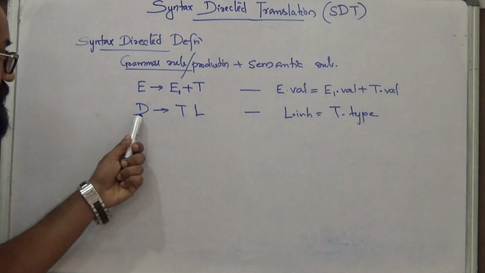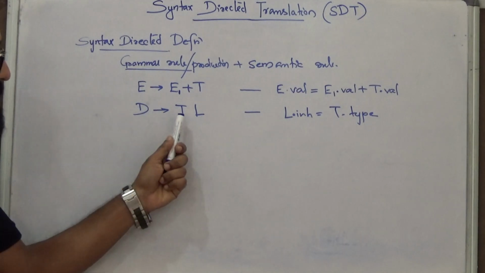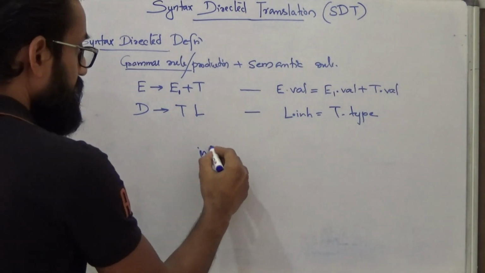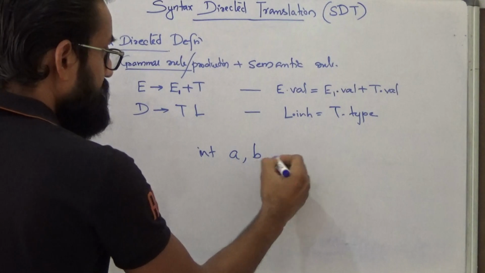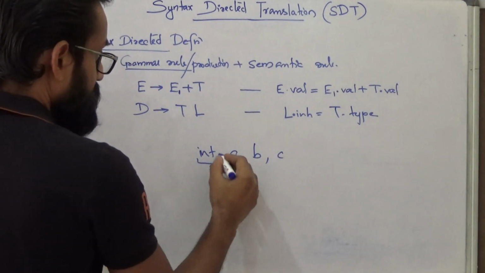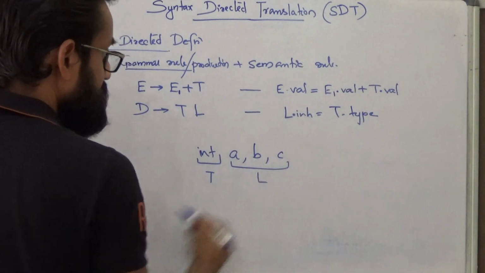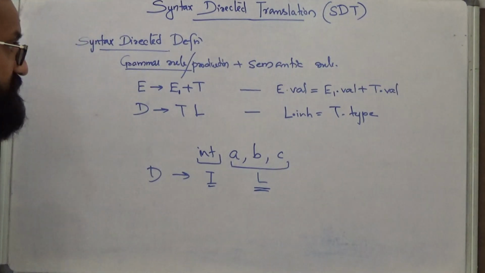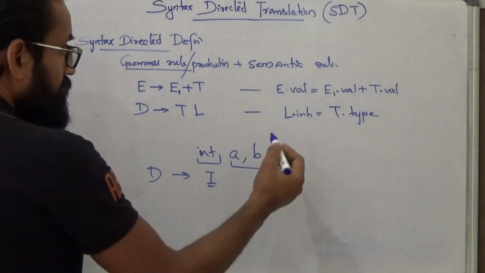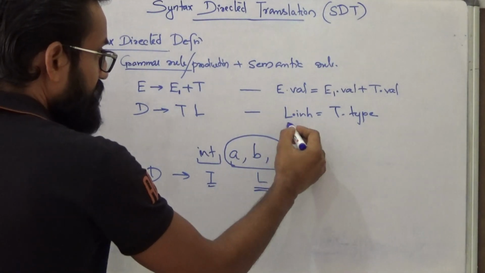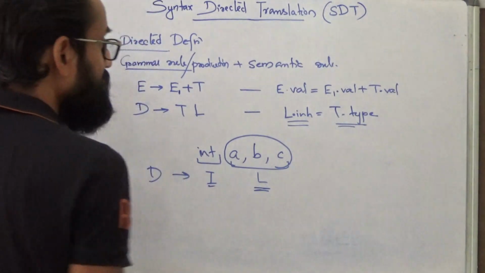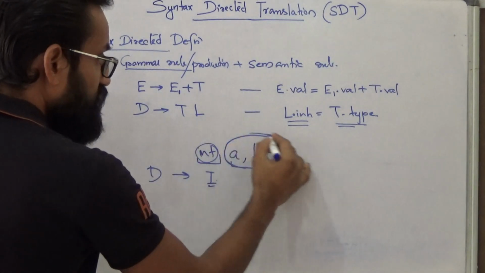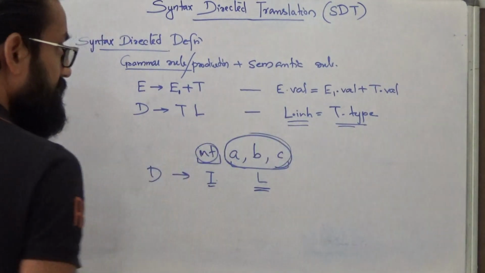Here a declaration is defined as type followed by list of items. For example, this could be a declaration int A, B, C. You can replace this with T and this with list. What happens is, this list will have the type T dot type. So if T dot type is integer, these list of items will have the data type integer.